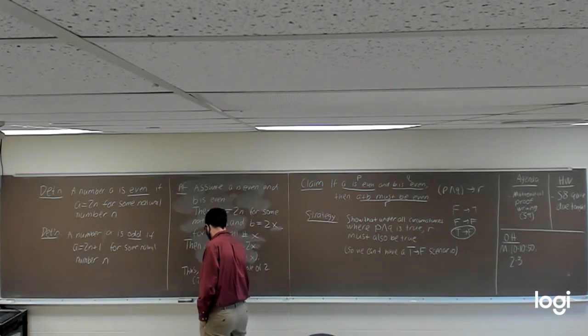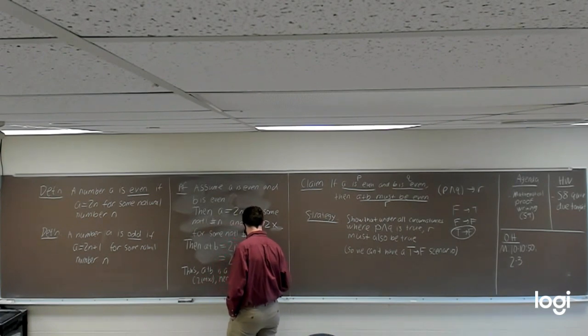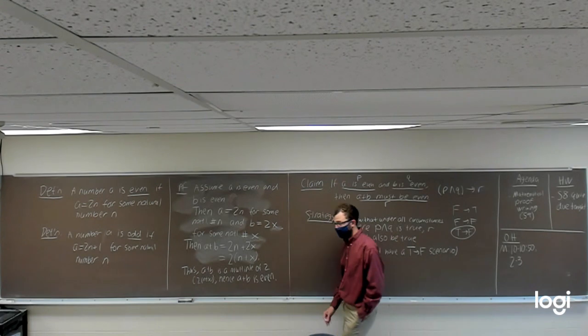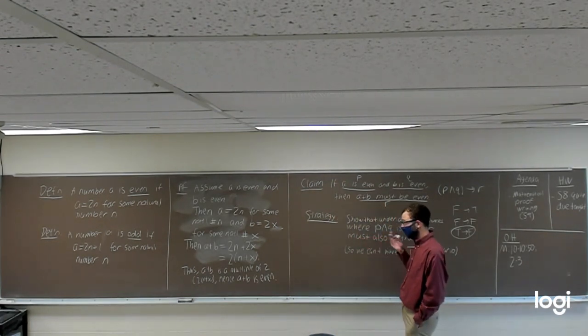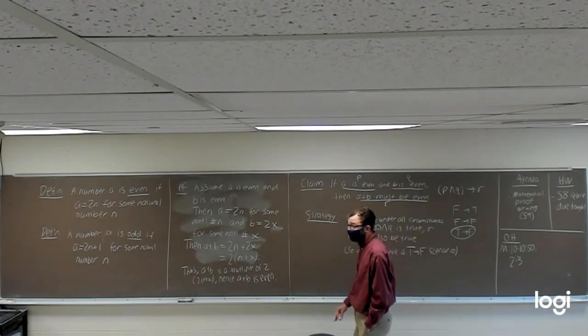It's 2 times the quantity n plus x. Hence, a plus b is even. By definition, we've shown it's a multiple of 2, it's even. And our proof is done.